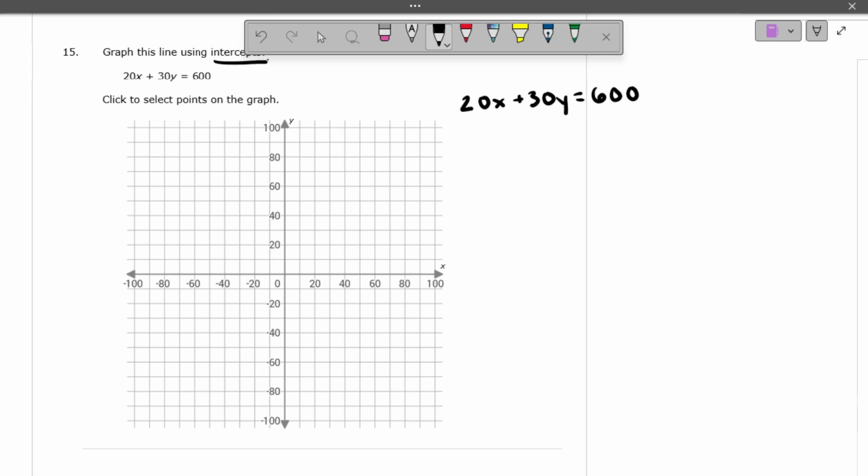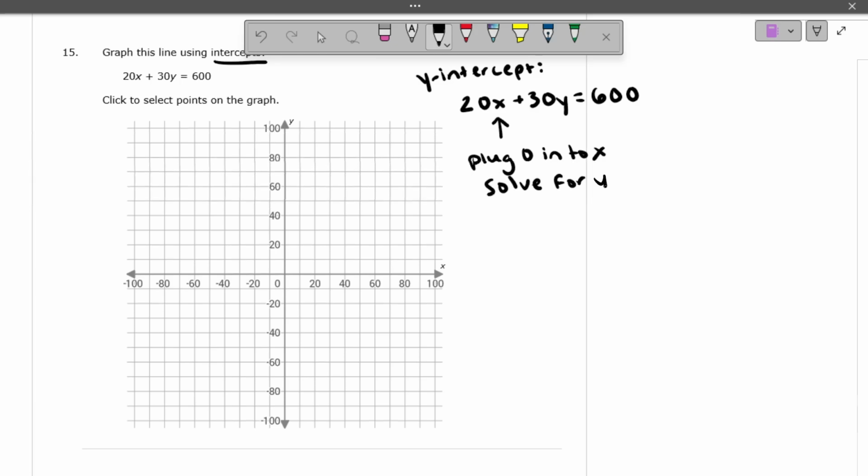Using intercepts specifically, this is where we are going to take either x or y, plug in 0, and solve for the other. So to solve for our y-intercept, we are going to plug 0 in to x and solve for y.